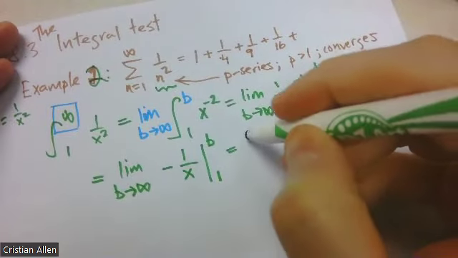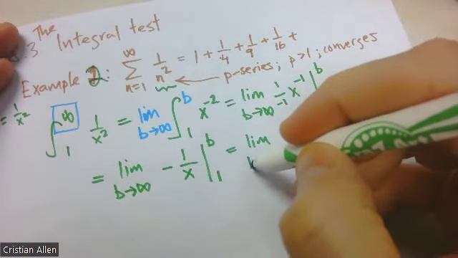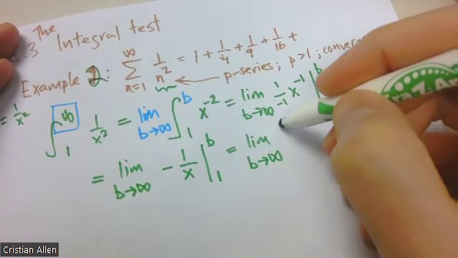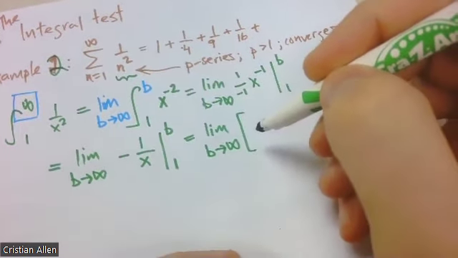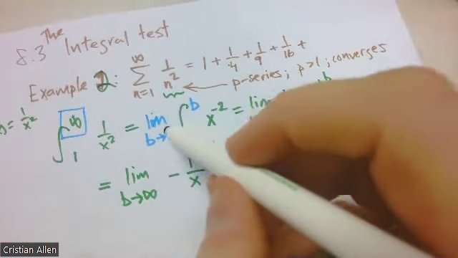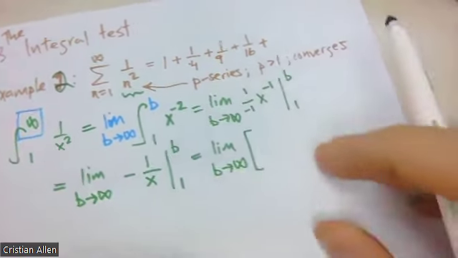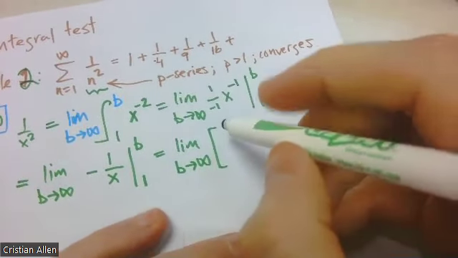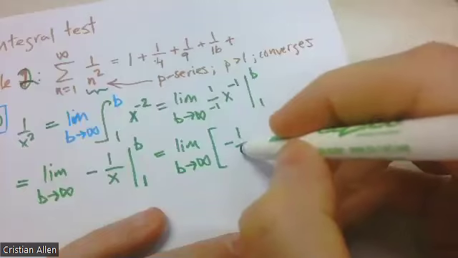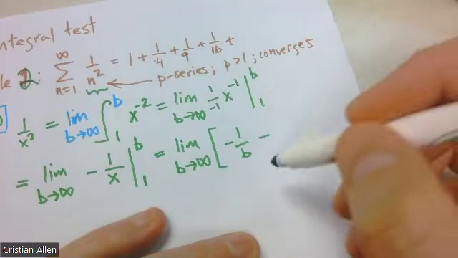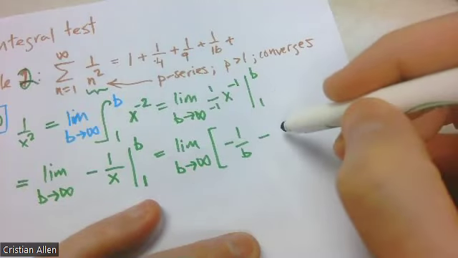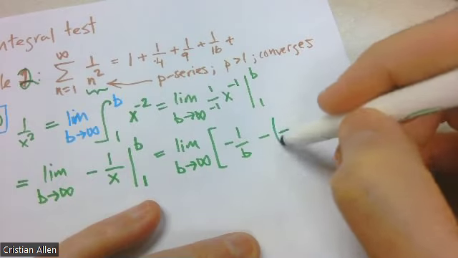Then the limit is ready to do something, almost. So remember, it was the limit of this integral. So it was the limit of, and then we put this b in here, and then we subtract, and we put a 1 in there.